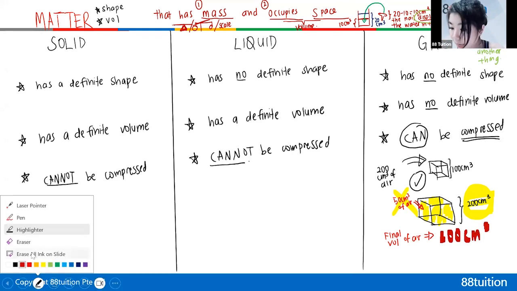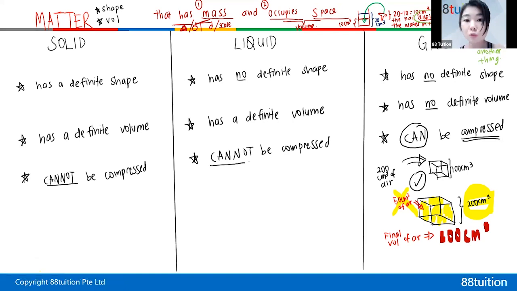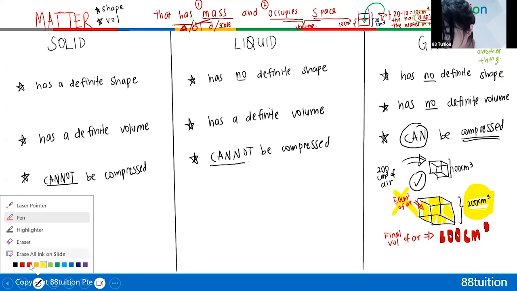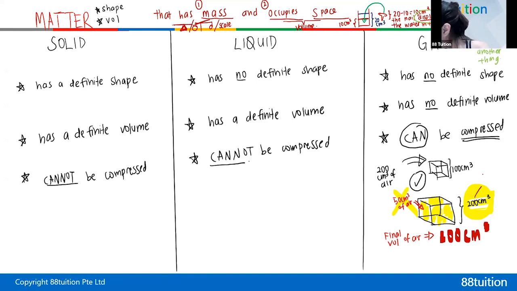It will always remain as the available space in the container. The air will always fill up whatever available space is in the container, no matter how much air I pump in. Wen-Xin, do you understand?